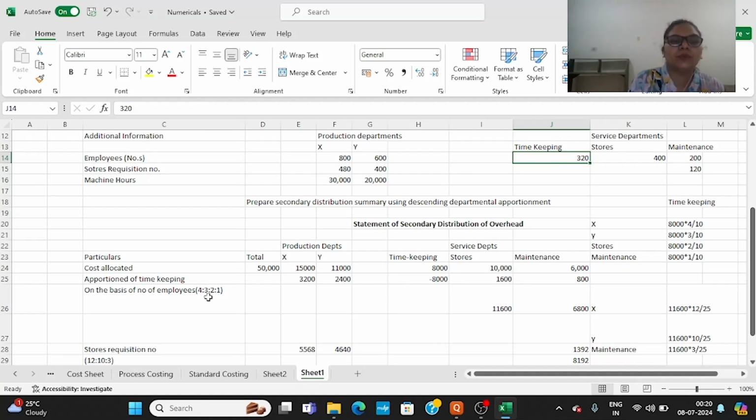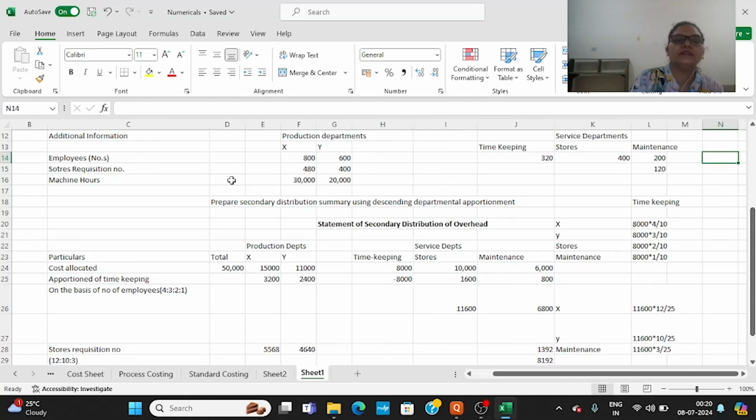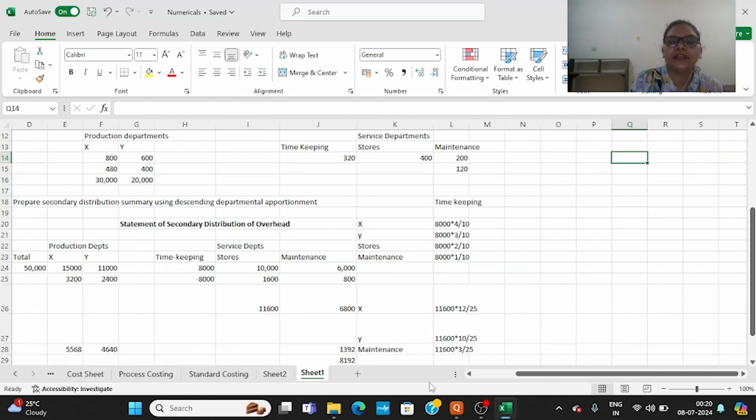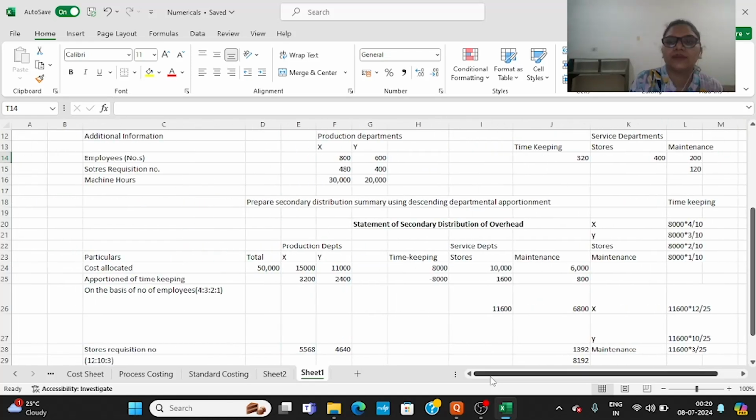Now the ratio comes out to be 4 is to 3, sorry, 4 is to 3 is to 2 is to 1. We have already discussed how we have allocated 8,000. 8,000 into 4 divided by 10, 8,000 into 3 by 10, 8,000 into 2 by 10, 8,000 into 1 by 10.